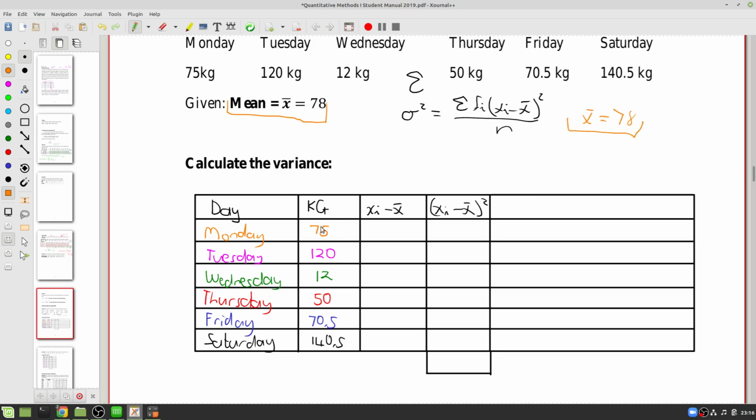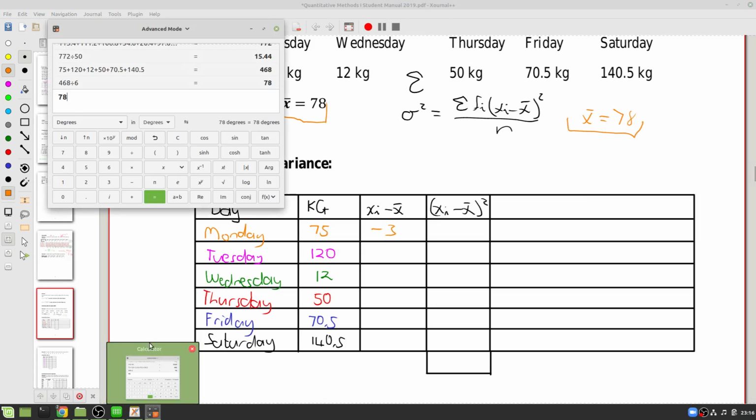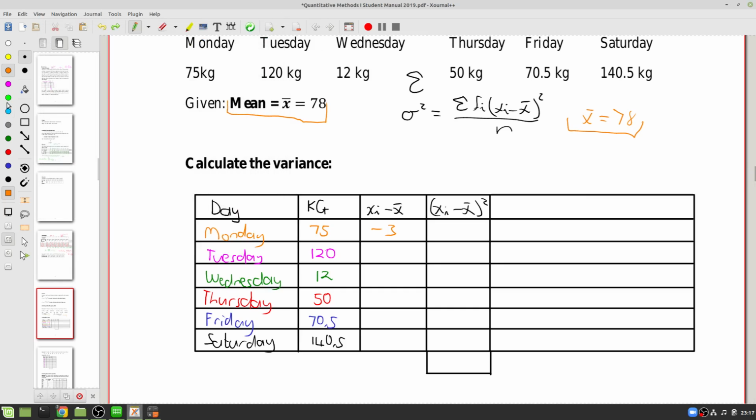All right, so now we're going to say xi minus x bar, so 75 minus 78, that's negative 3. 120 minus 78, that's 42. Maybe I should just use a calculator so I don't teach you the wrong values here. So 120 minus 78, 42.